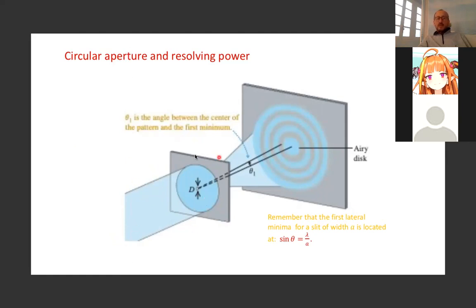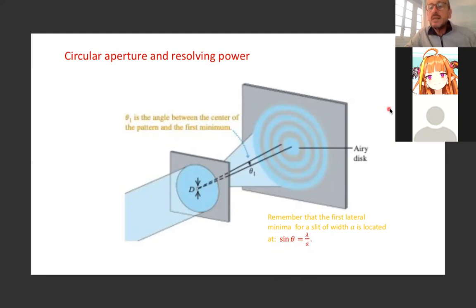Here, when you have a circular aperture, it happens roughly the same way. You have to remember that for a horizontal slit, the first minimum is when sine theta is equal to lambda over a. So that means a sine theta equals lambda.